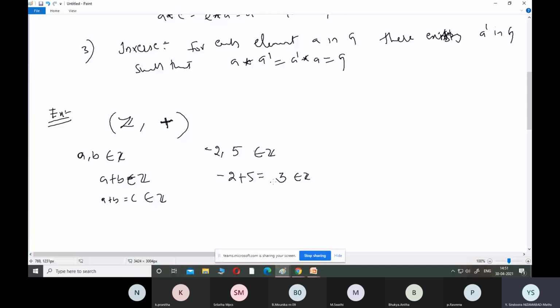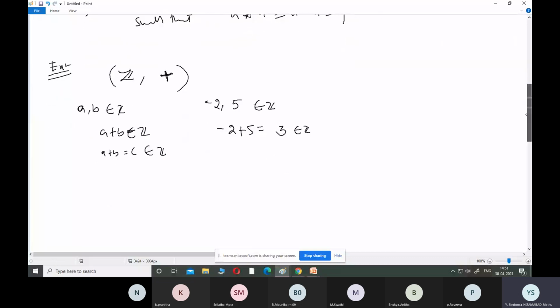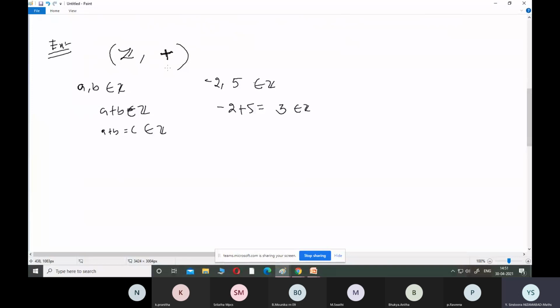Now let us check whether it is a group or not. So this Z with the operation plus, I have to check whether it satisfies associativity, identity and inverse. Take any three elements a, b, c belonging to Z. Here my star is addition, so (a plus b) plus c should be equal to a plus (b plus c), right?